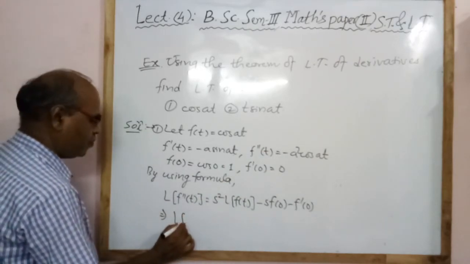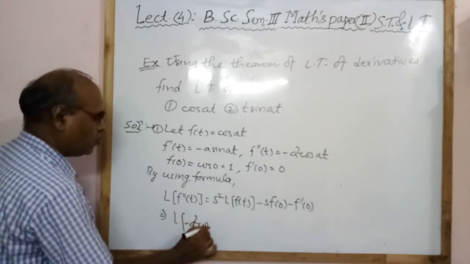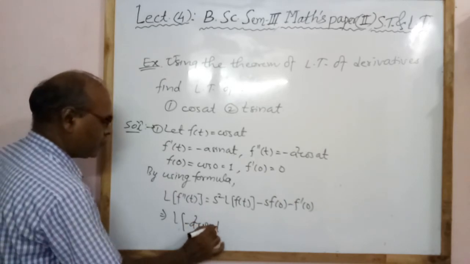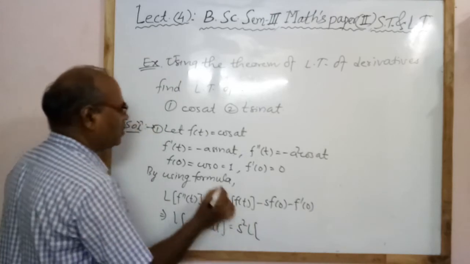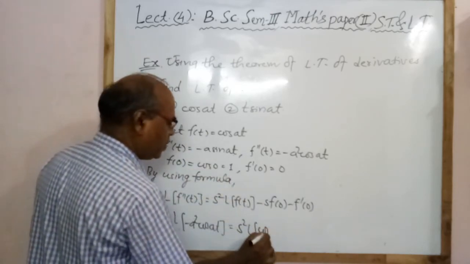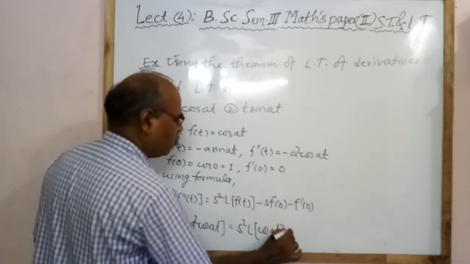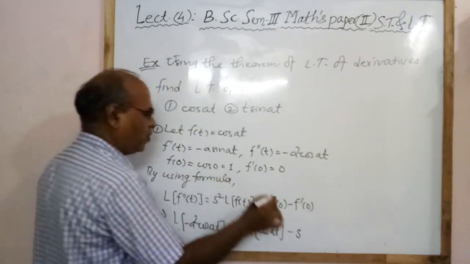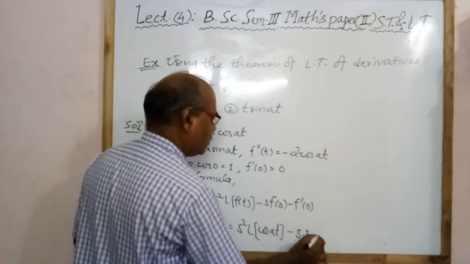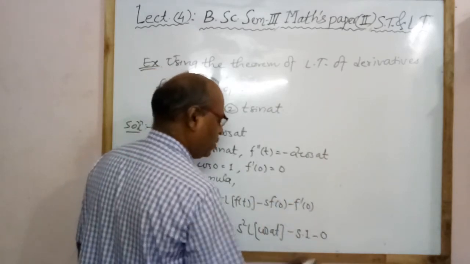Therefore, Laplace of minus a square cos at equal to s square Laplace of f of t, Laplace of cos at, minus s into f of 0, which is 1, f dash of 0 is 0, therefore minus 0.